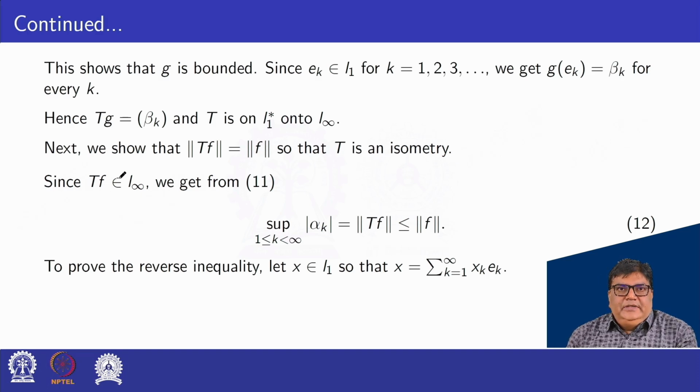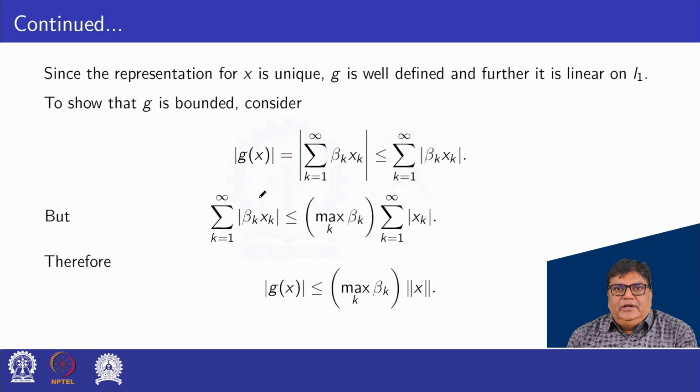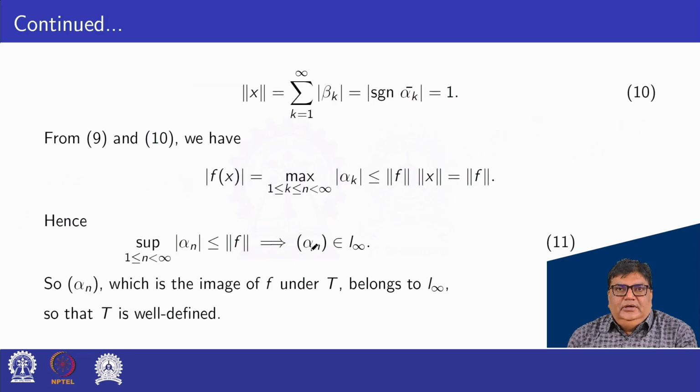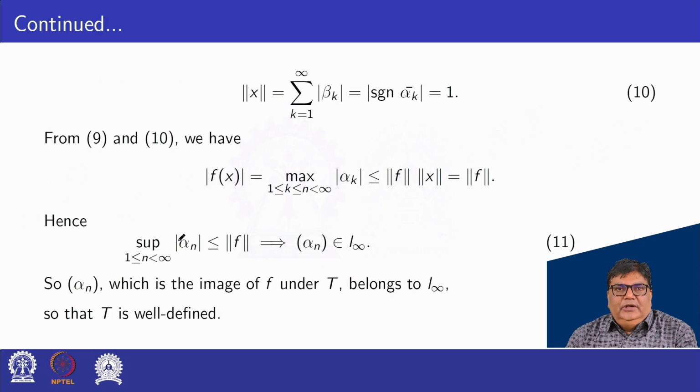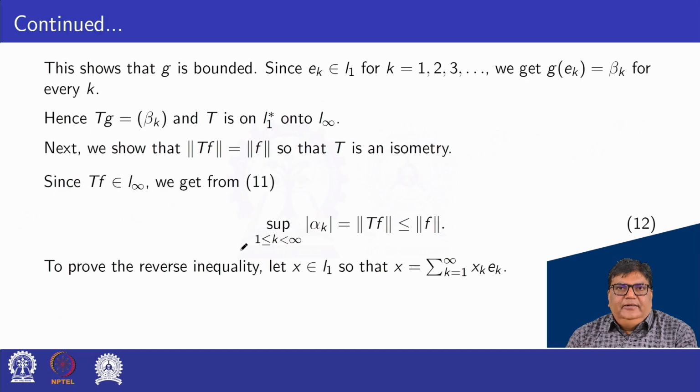Since Tf is an element of L infinity, we get from equation 11 the supremum of |αk|, k = 1 to infinity, equal to norm of Tf, and this is less than or equal to norm of f, as in equation 11.